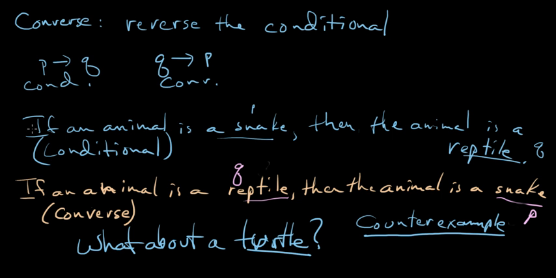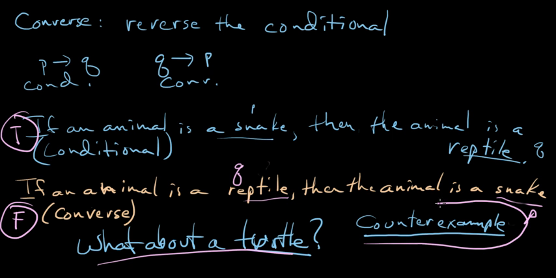Now the conditional is true, because if an animal is a snake, then it's a reptile. The converse of that is false. If an animal is a reptile, then the animal is a snake. That's not true, because a turtle is a reptile and it's not a snake. So a turtle would be a counterexample to prove that this statement is not true.